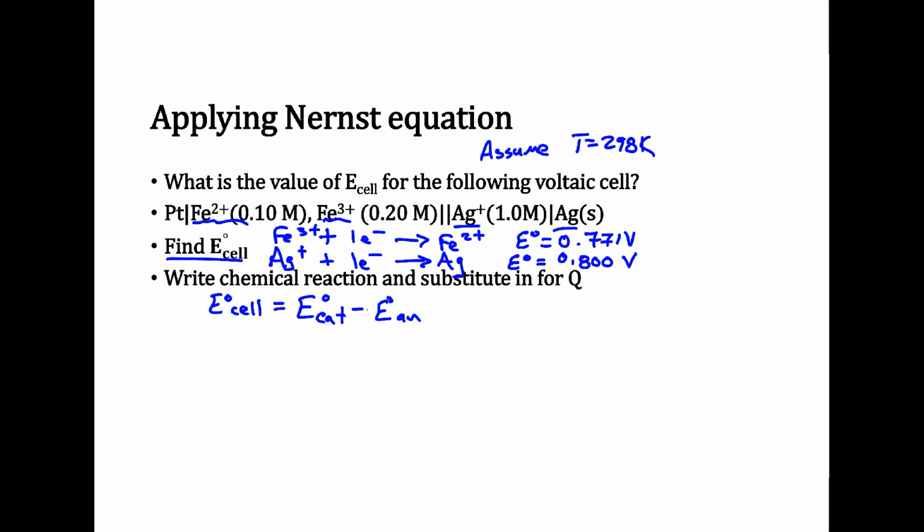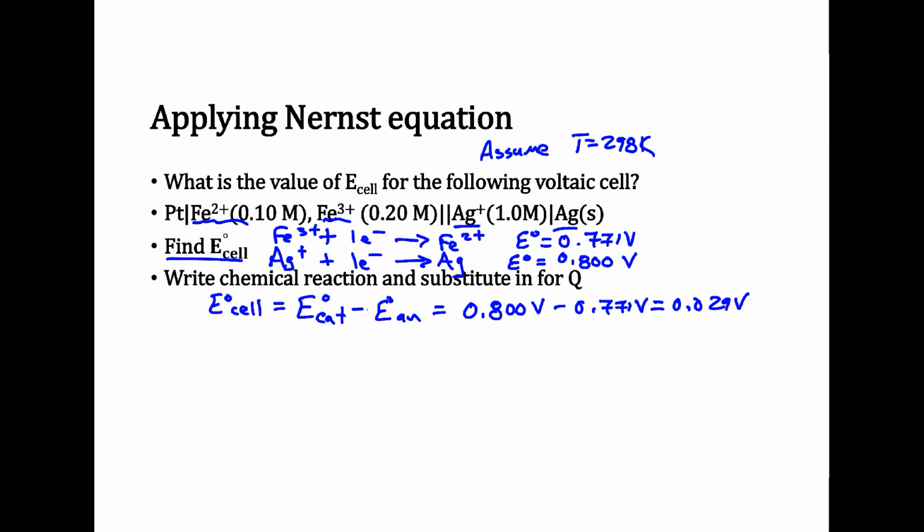So what we'll find out is E cell is equal to 0.800 volts, because this is with the silver, that's the reaction occurring at the cathode, minus 0.771 volts, which is 0.029 volts. Okay, so right now this looks like a spontaneous process under standard conditions.